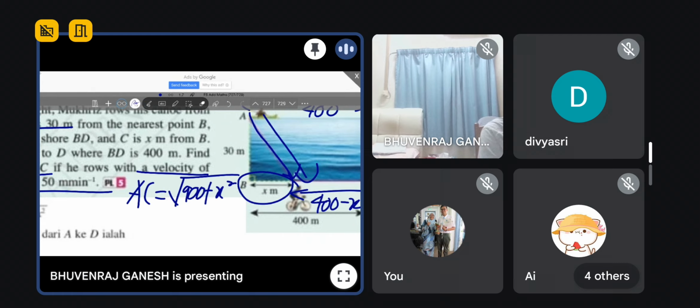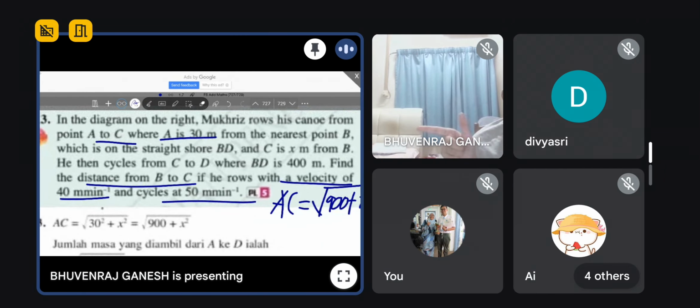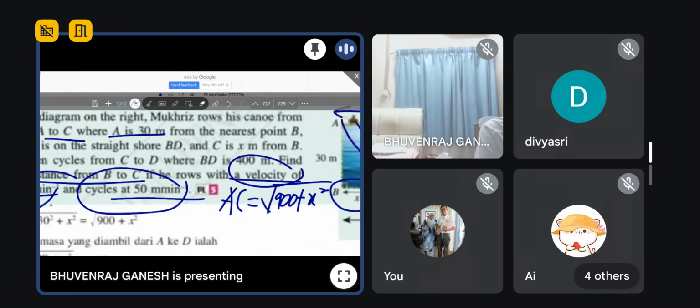So now they tell you one piece of information here. They tell you that A to C, he takes the canoe, kayak, and then from C to D, he cycles. Now you see this information here, guys. Velocity for cycling and kayaking, they already give. So now, try to think about the time.